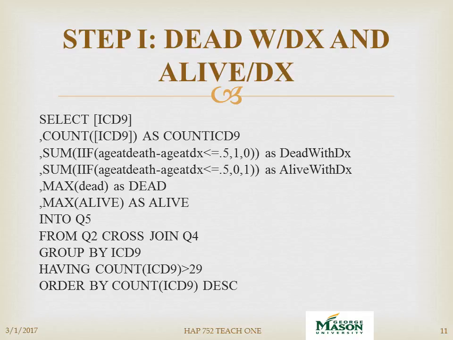There are 12 months in a year, so 0.5 means half of that, 6 months. After that, you're going to cross join the two tables together from Q2 and Q4. And having count greater than 29 means we want to include the patients that have more than 30 diagnoses, ordered by ICD-9.